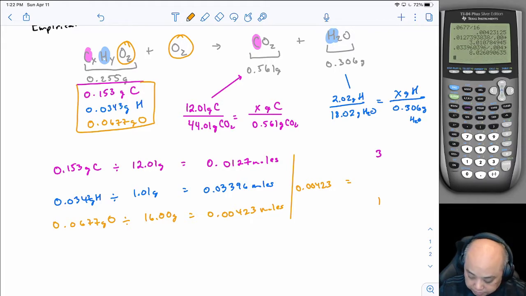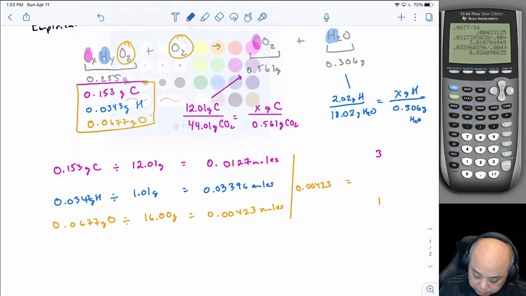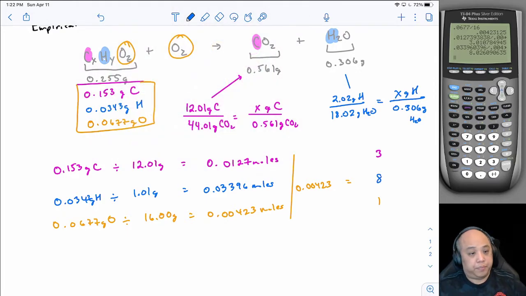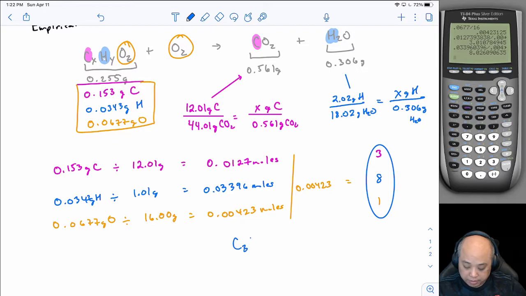And we get 8 for hydrogen. So what this tells us is our empirical formula is C3H8O1.